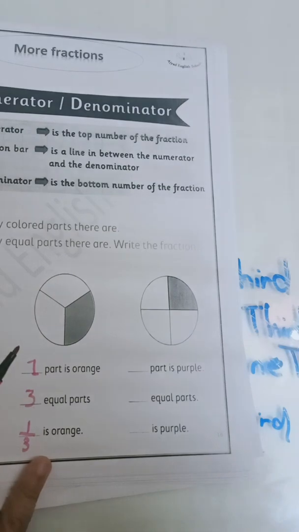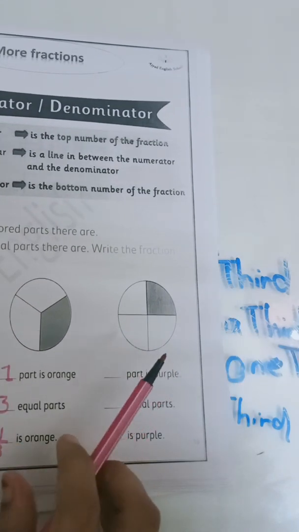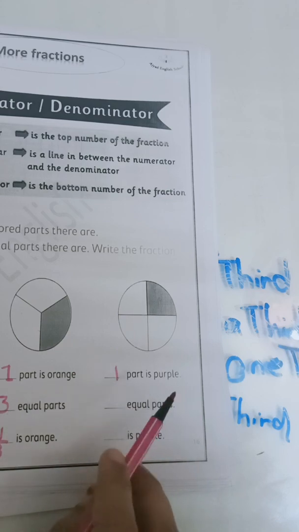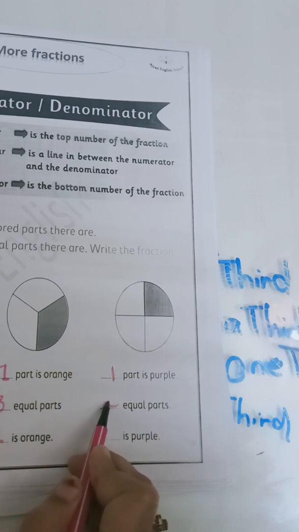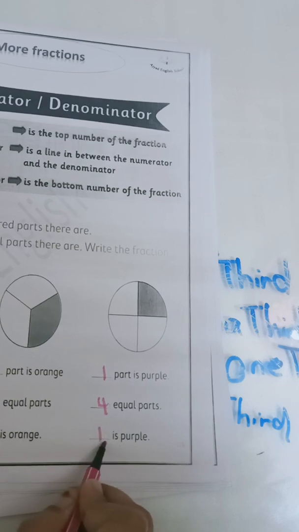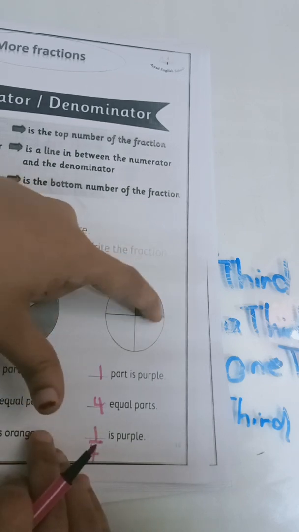Okay, here how many parts are purple? 1. Okay, so how many equal parts? 4. So what is the purple? Means a quarter only is the purple.